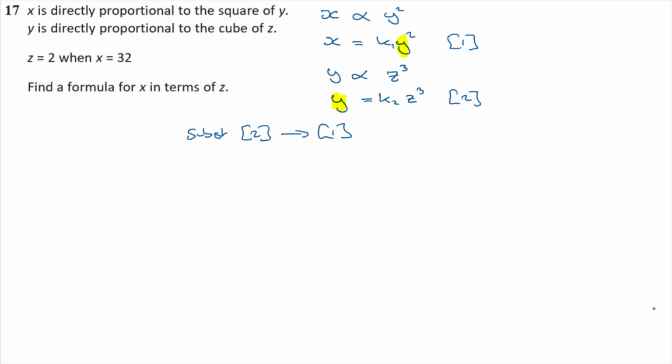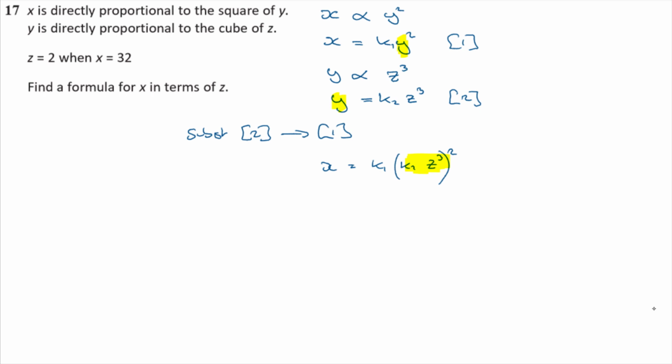And that's going to give me x is equal to k1 lots of k2 z cubed, all squared. Okay, so this is the bit that was in equation 2, and I've subbed it inside equation 1.